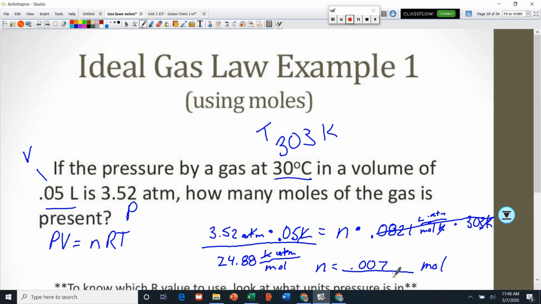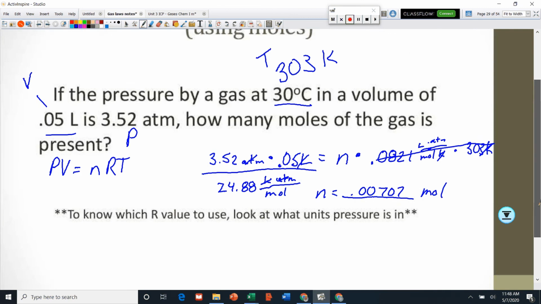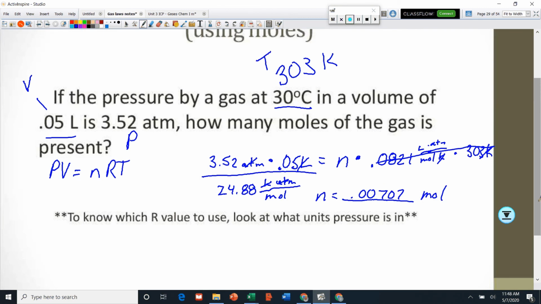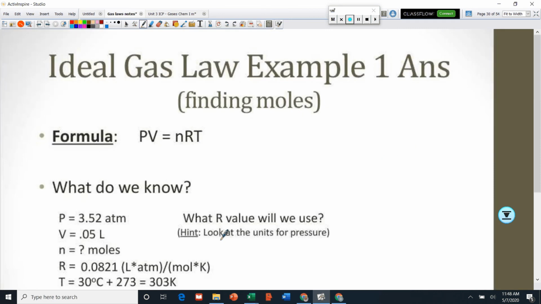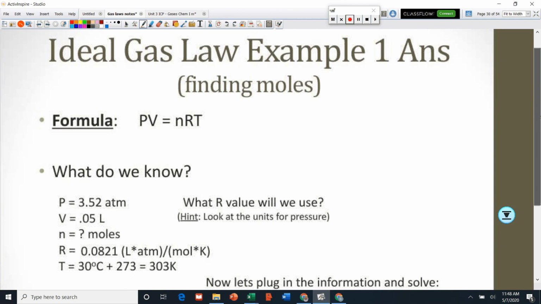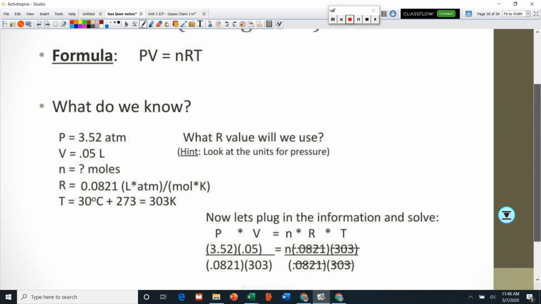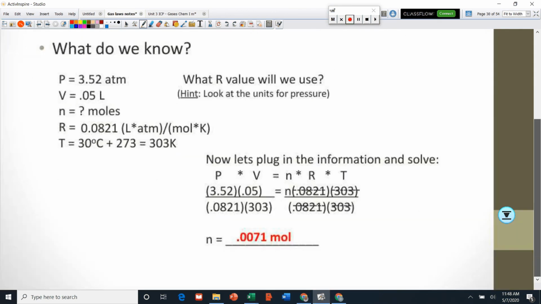Now, if you wanted to put this in 3 sig figs, we could say 0.00707, and then that would be our answer. All right. So again, here's kind of our setup. So 0.0071, which is what we came up with.